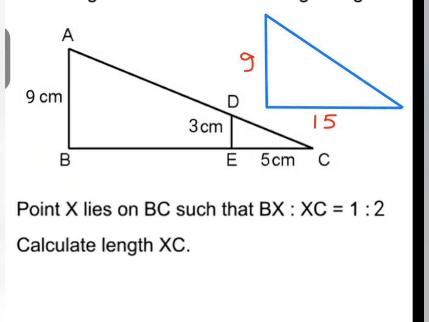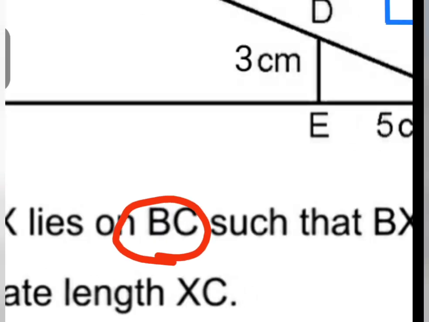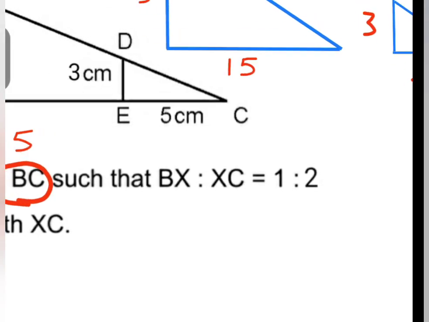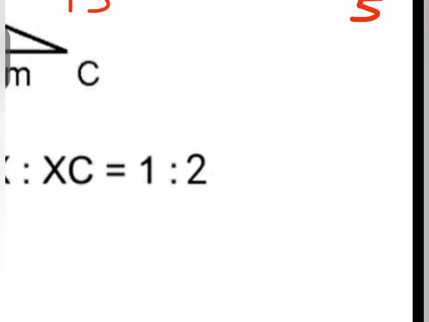Very good. Now, after finding the length of BC, we're going to use it to find the length of XC, as the question wants. Now, how can we do this? I want you to focus on this step, because it's very important. The first thing we do, we come to the ratio here. We're going to use the ratio, and we're going to use the length of BC. Now, we come to the ratio first, and we add it together.